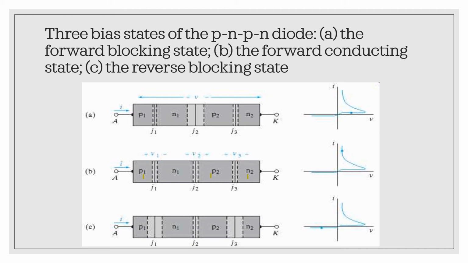Now we will discuss the triggering mechanism of the PNPN diode. Triggering mechanism means how the device is moved from the forward blocking state to the forward conducting state. There are several methods by which a PNPN diode can be switched from the forward blocking state to the forward conducting state.